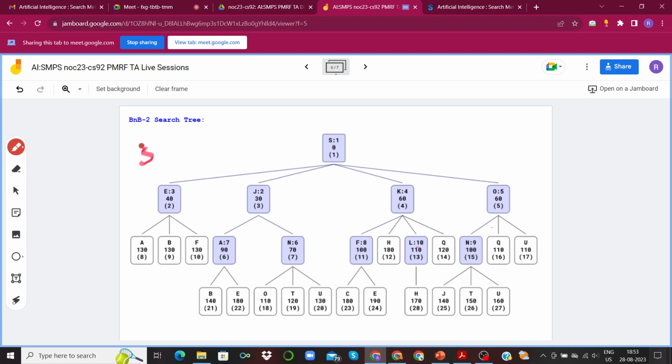First we inspected S, then J, then E, then K, then O. By the way, when we were done with inspecting E and we were looking at whether we should explore this K or O option, why do you think we chose to explore K before O?